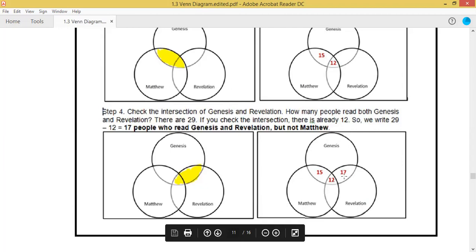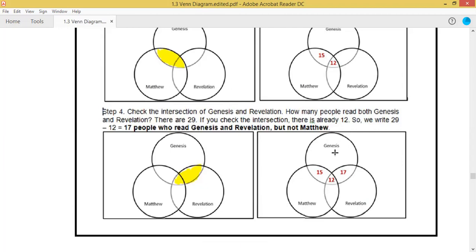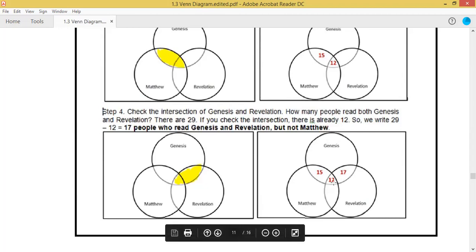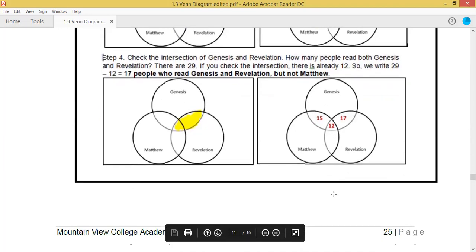But if we ask how many people read both Genesis and Revelation, then we add these two. That becomes 29.